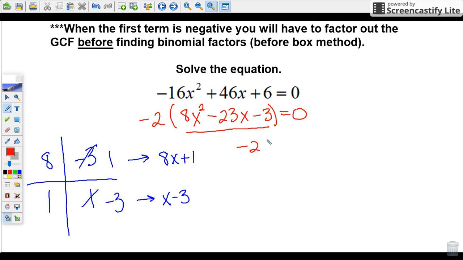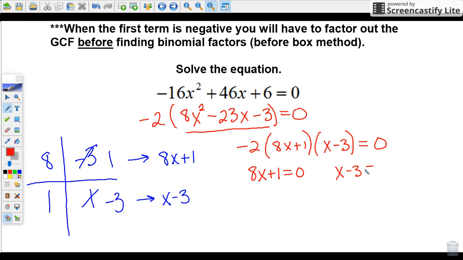Drop down my GCF. Now I write my binomials because this is the factored form of that polynomial, and it equals 0. So really I have 3 factors here that are equal to 0. Only 2 of them contain a variable. So the only ones that contain a variable are the ones where I use my zero product property.